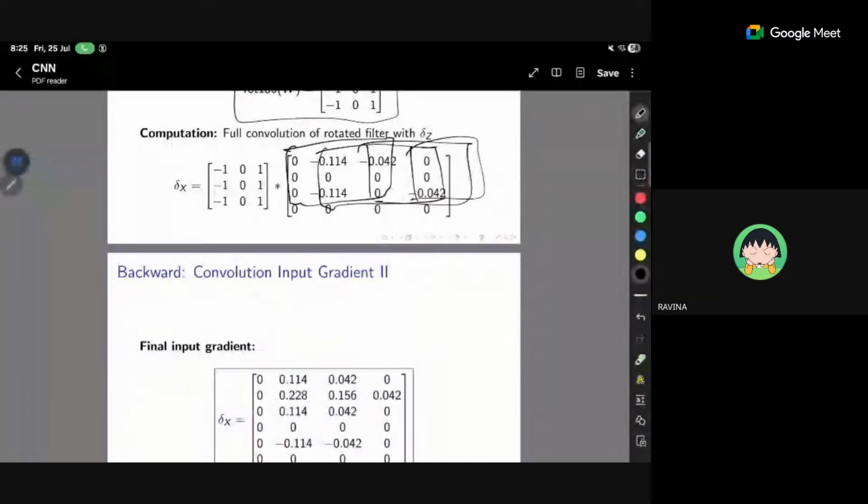Okay, something like this. So I have to kind of go out of this. So you can think like I have to add a padding of size 2. So you can add a padding of size 2 and do the full convolution. Okay. So you don't have to stop. Even if it ends, you add the padding and then you go ahead. Okay. So that is what full convolution will be, and you get finally this output.